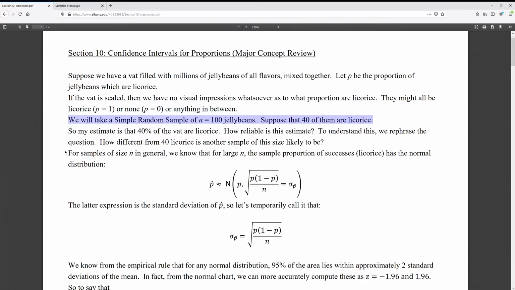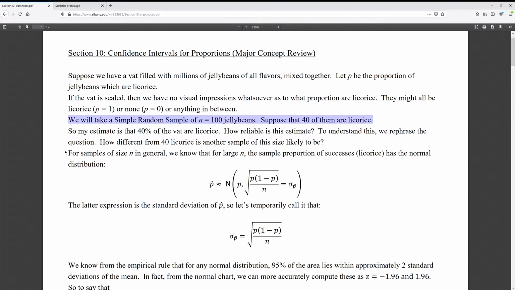Now again, what can we conclude with certainty at this point? I've hinted at this before. I'm sure I made the Indiana Jones joke about if it's certainty, go after Dr. Tyree's philosophy classes down the hall, so to speak. But at this point in time, we know two things. If you take a simple random sample of 100 out of millions and millions of jelly beans, and 40 of them are licorice, then we can conclude two things.